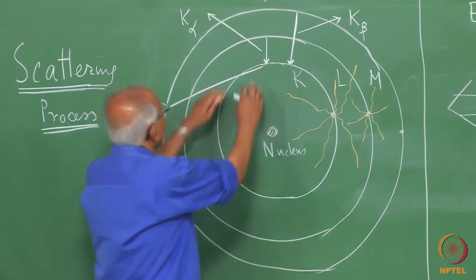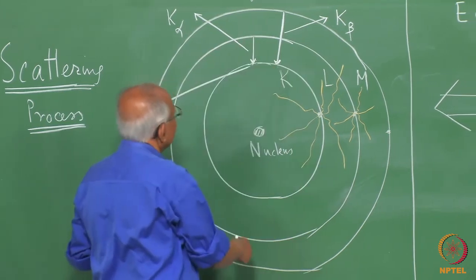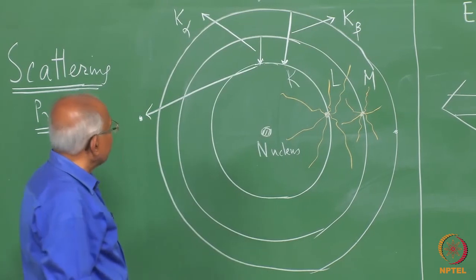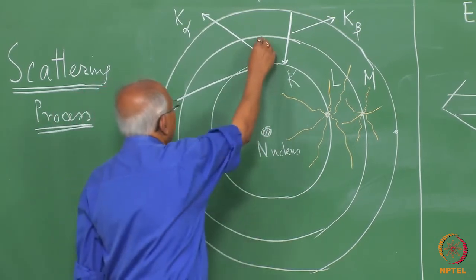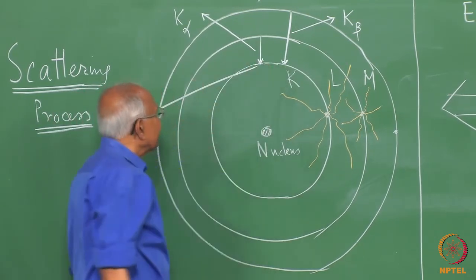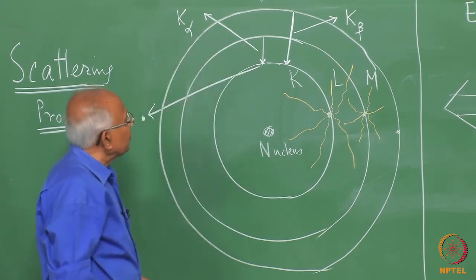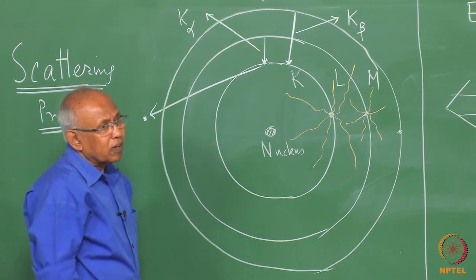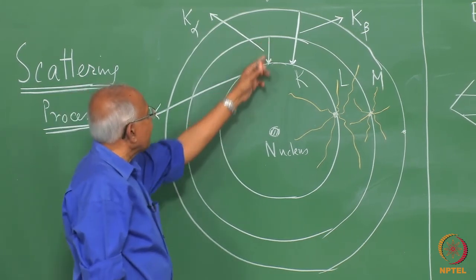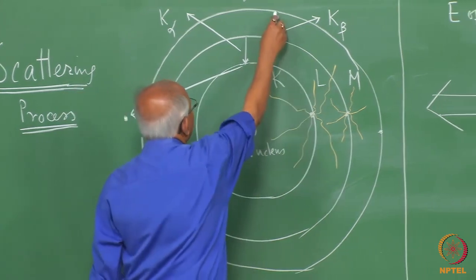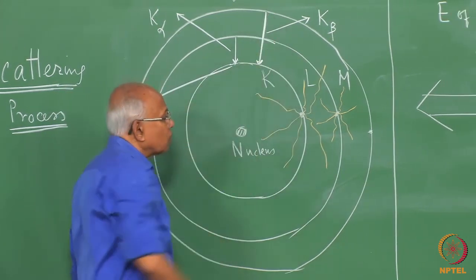Naturally, the electrons which are in the nearby shell. So, the L shell electrons will have a much higher probability to come and occupy the K shell vacancy. As a result, the K alpha radiation will be much more intense, because the probability of such a reaction taking place is much higher than the probability of this reaction to occur.